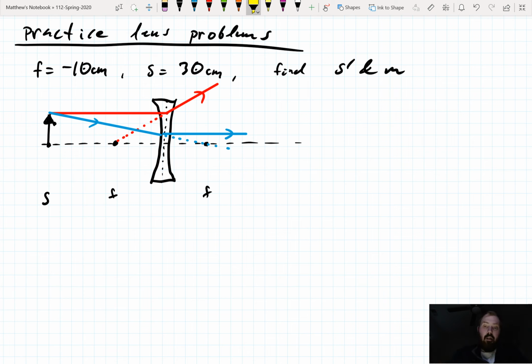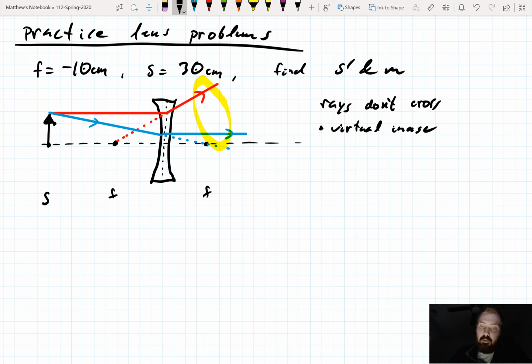All right, is it a real or virtual image? Well, the rays don't cross, so we must get a virtual image.